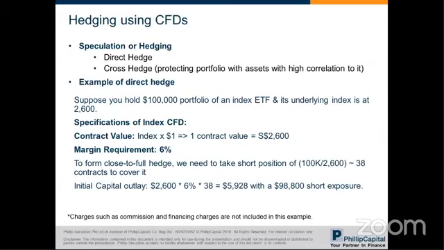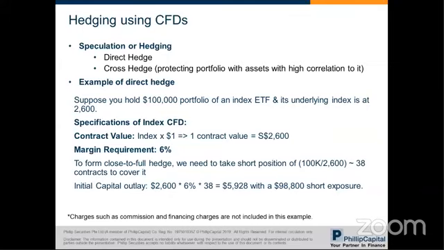Yeah. So if we have this margin requirement based on the world indices criteria of about 6% itself, right? Then your initial capital outlay will only need to be 6% of the total position you need to protect your portfolio.